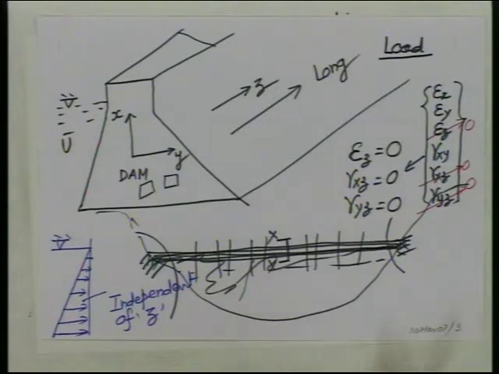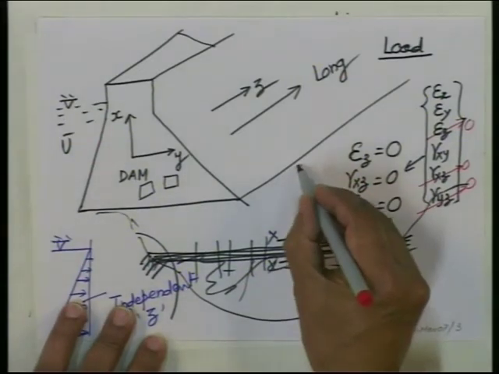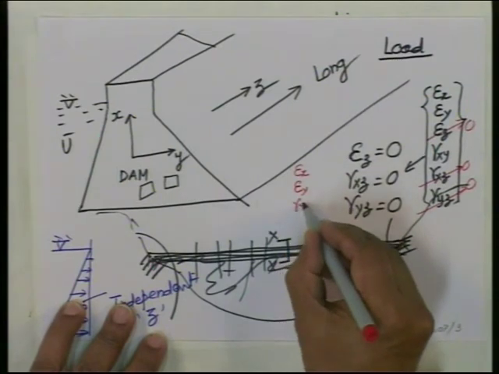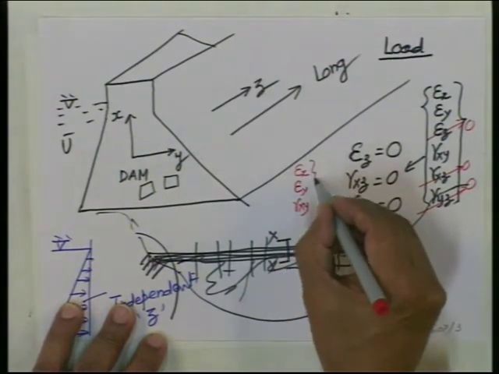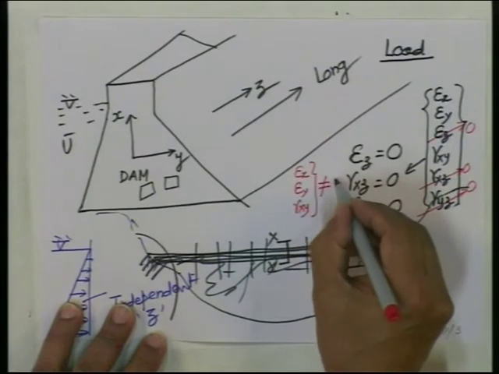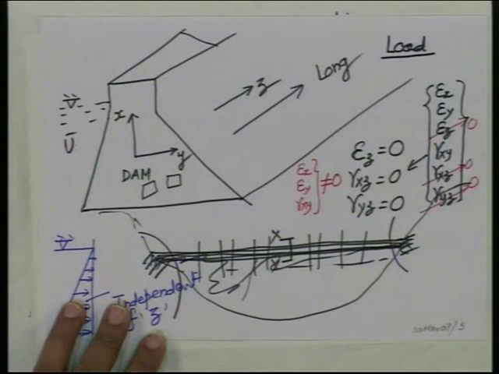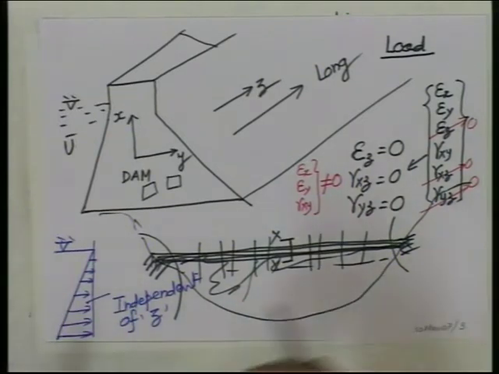But then, when you come to stress, you will find there will be 4 stress components that are non-zero, not 3. Strains are epsilon x, epsilon y and gamma x y, which are non-zero. But stress you will find there will be in the z direction also.